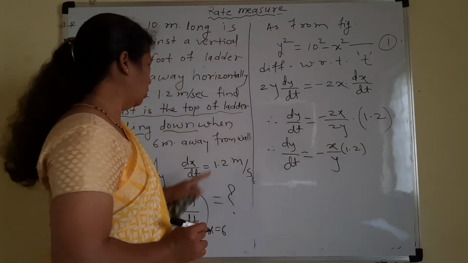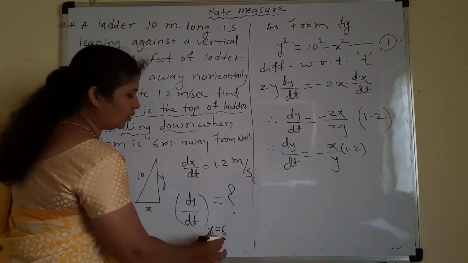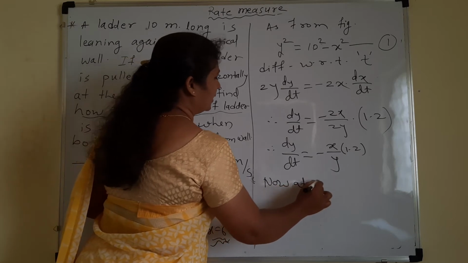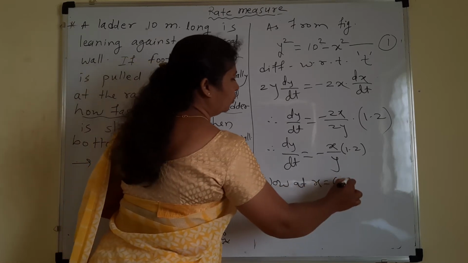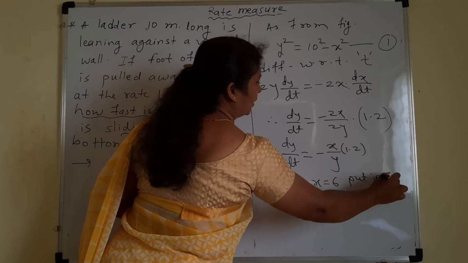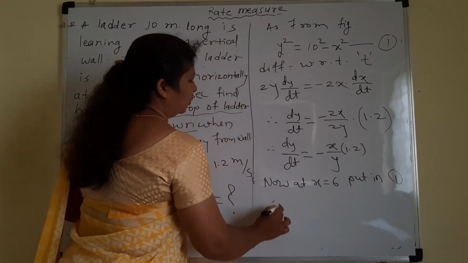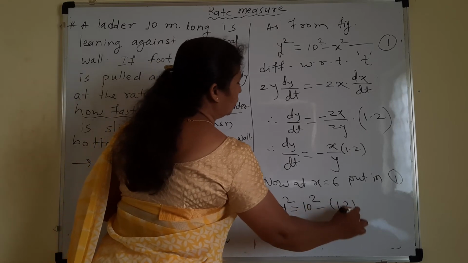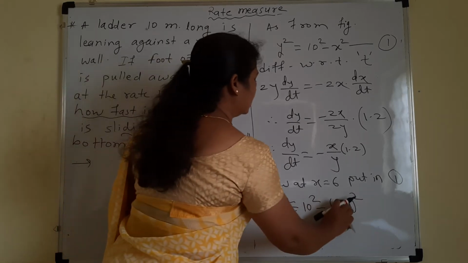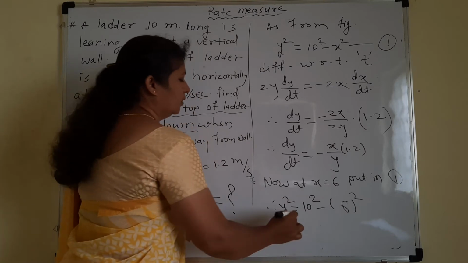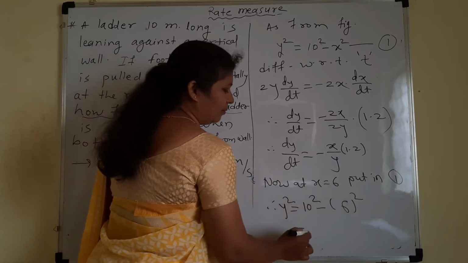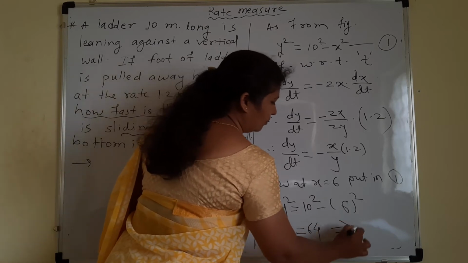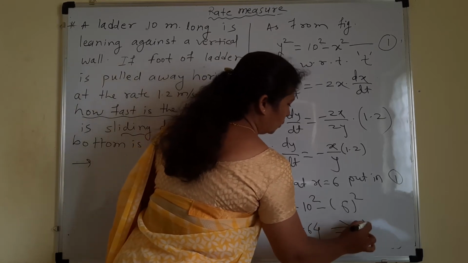At x is equal to 6, y square is equal to 10 square minus 6 square. So this is equal to 100 minus 36, that is equal to 64.